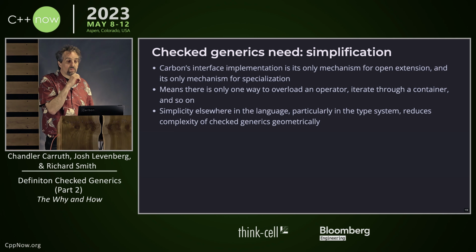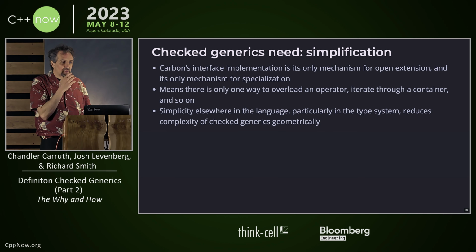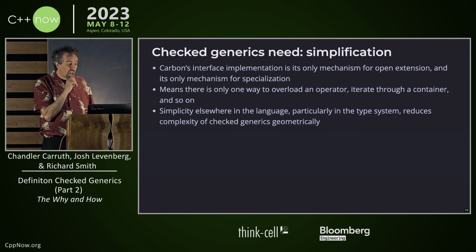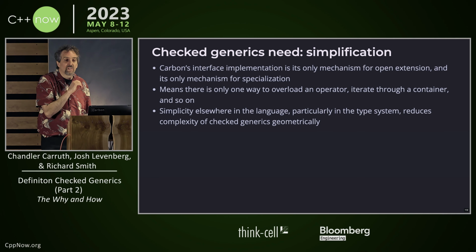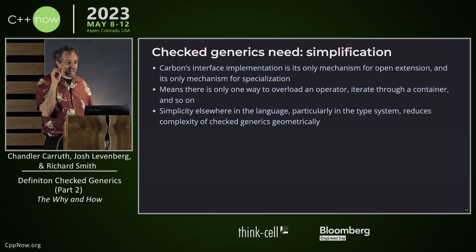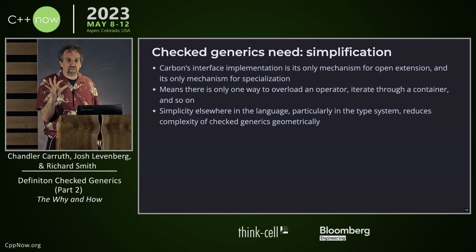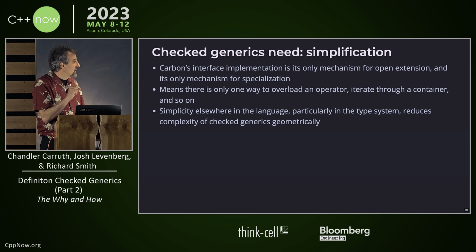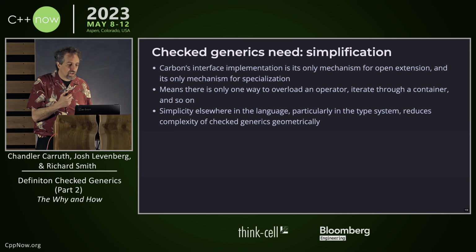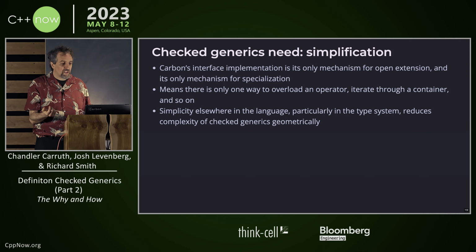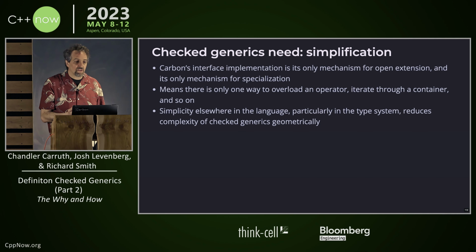So the last thing I want to talk about that really benefits checked generics is anything you can do to simplify the language, particularly the type system. In Carbon, interface implementation is the only method for open extension, and it's the only method for specialization.